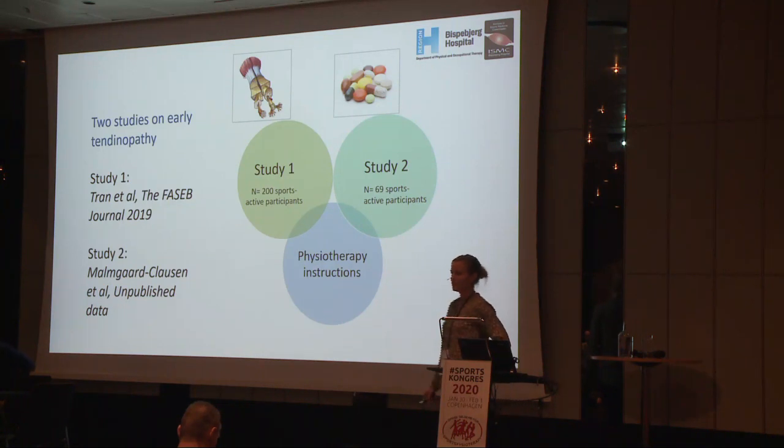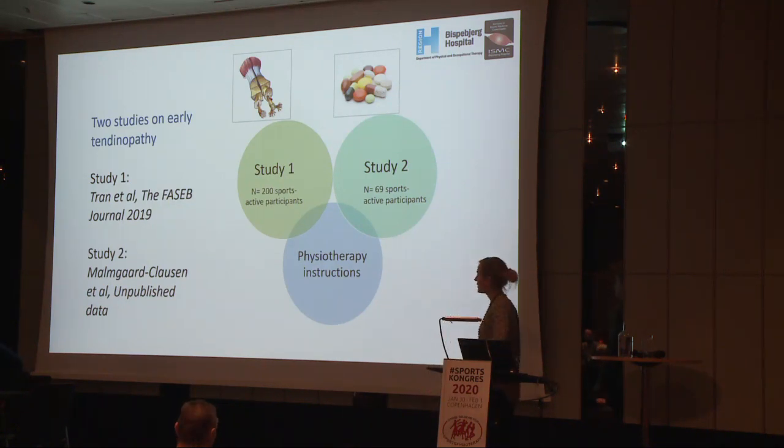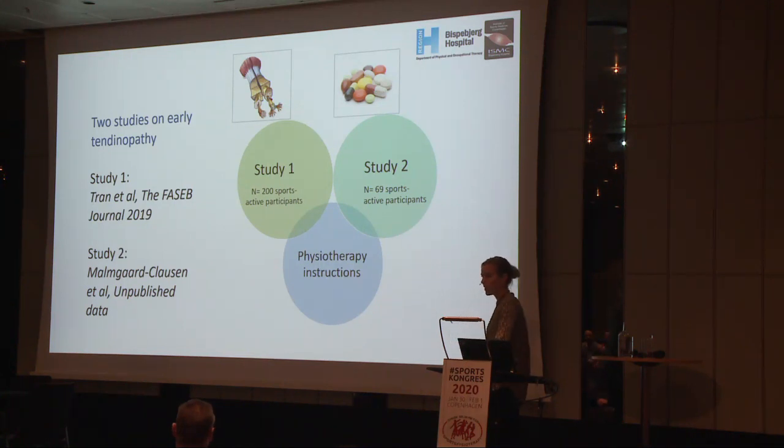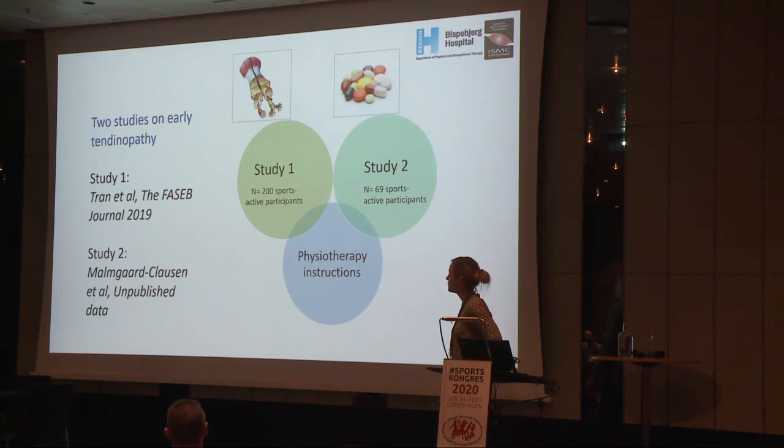My presentation will have a more clinical approach, and it's based on experience gained from 2 studies on early tendinopathy conducted in our department. The first study was performed by Tran and others, the study that Christian just talked about. In this study, we included 200 sports active participants with early tendinopathy.